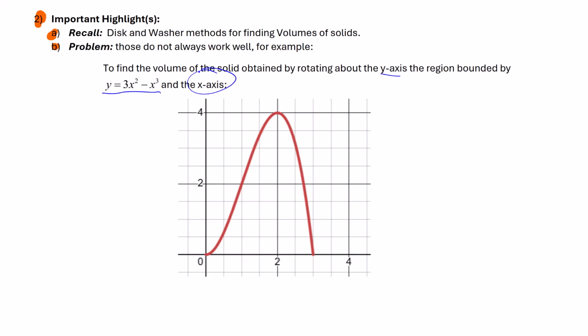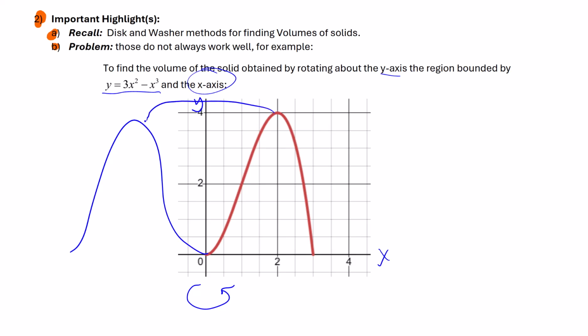If you were to rotate this region about the y-axis, of course we have the x-axis horizontally, the y-axis vertically. Because of the space that we see between the graph and the y-axis, when you rotate it, which let me draw the symmetrical version of it roughly, it would look something like the same thing on the opposite side, but all spun around.